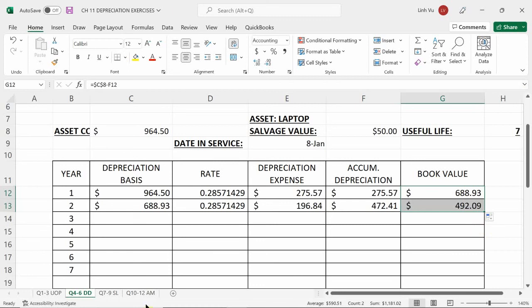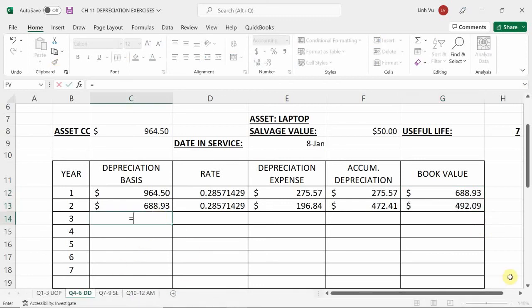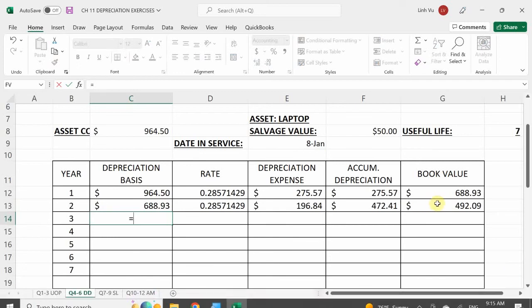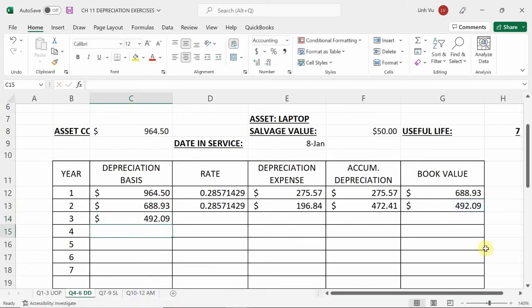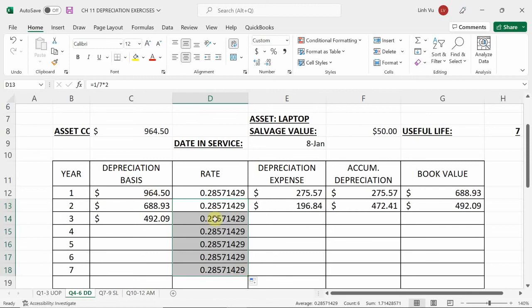Excellent. So in this case, year 3, what's my depreciation basis? 492.09. Mm-hmm. What's my rate? It's the same. So now we're learning that the rate's going to stay the same for all 7 years.